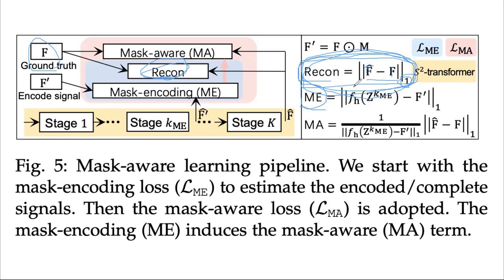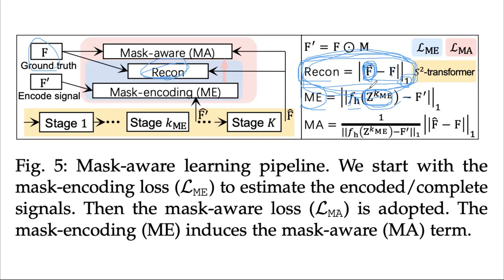So here, instead of the end prediction over lots of blocks and stages, we have the K stage defined by ME in the feature embedding represented in Z, and then we have some feed forward function FH.